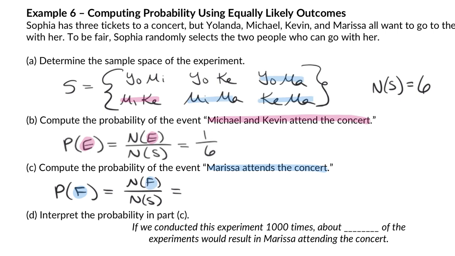I see Marissa's name on my list 3 separate times. So there are 3 ways that we can choose people and Marissa would get chosen. So the number of times I see the event F happening is 3 out of my sample space of 6, which means Marissa has a 50-50 shot of attending this concert.